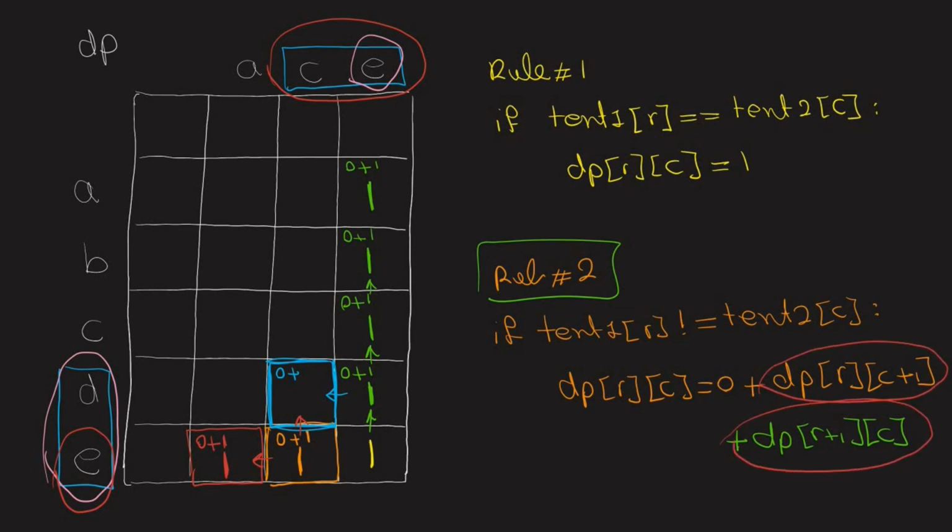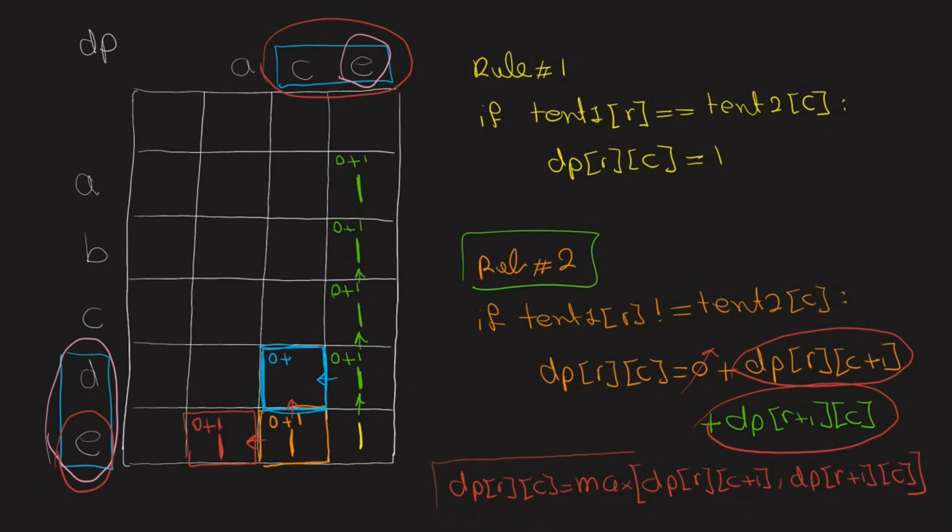So which one should we select? We should select the one that gives us the maximum, because at the end, we are going to return the longest substring. So we should modify our rule number 2. We could say dp of r c equals 0. We don't care about that. So we put the maximum of dp of r c plus 1 and dp of r plus 1 c.